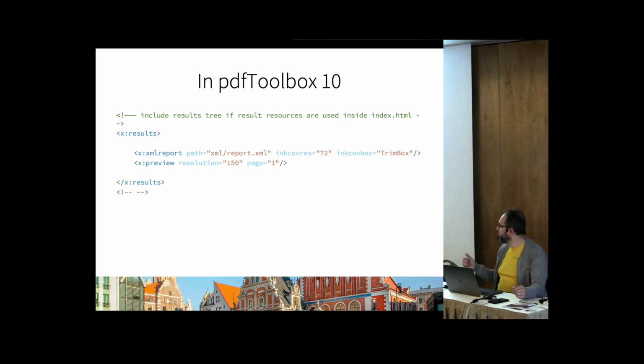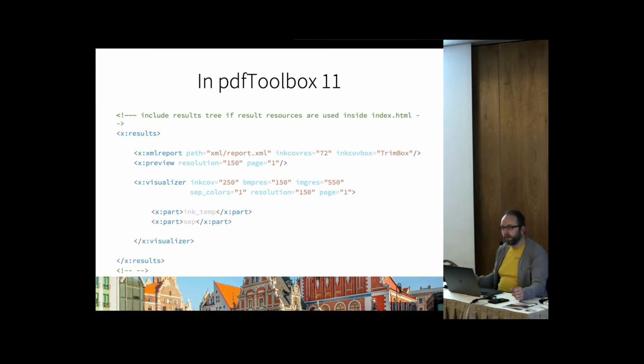By default in pdfToolbox 10, this was for page 1, and then there were some additions in some point version of pdfToolbox, I don't know which one, where you could also have other pages. What you don't have is what you now can do in pdfToolbox 11.